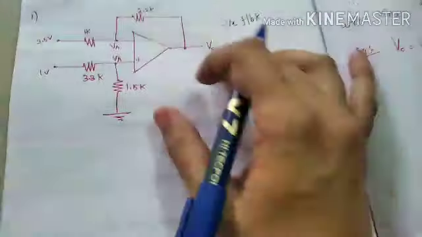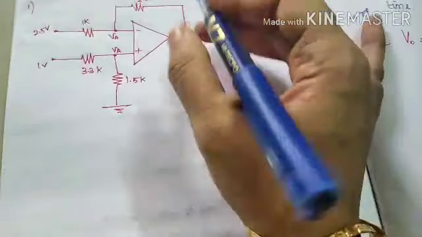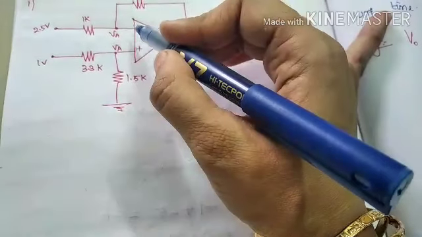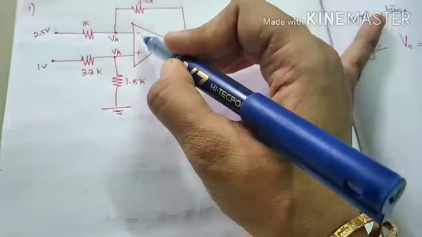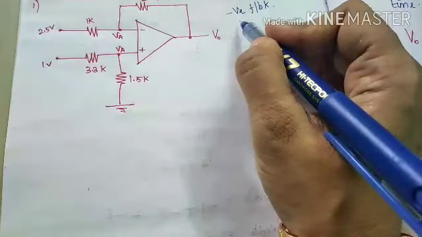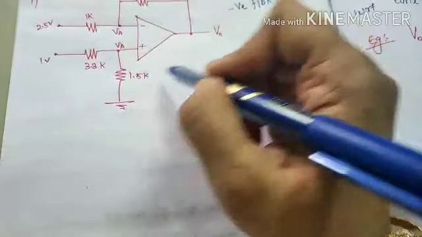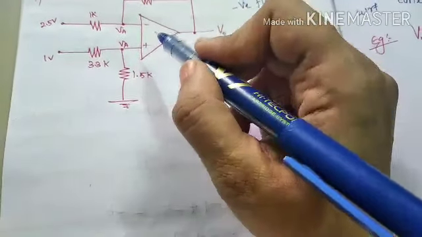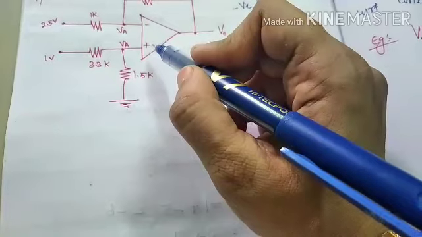Listen carefully: the output is fed back to the input, but that input is given at the inverting terminal, so it is negative feedback. If the output is fed back to the non-inverting terminal, then that type of feedback is said to be positive feedback.